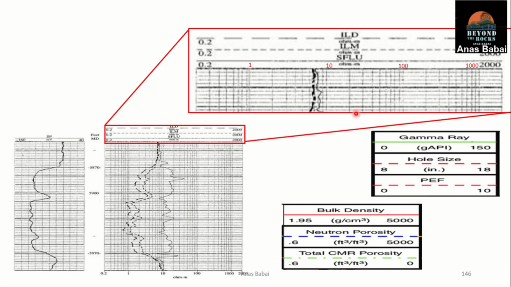So based on that, at the depth of interest, we find the line in which the curve of the log is lying, and we can directly read the value of the resistivity from there.